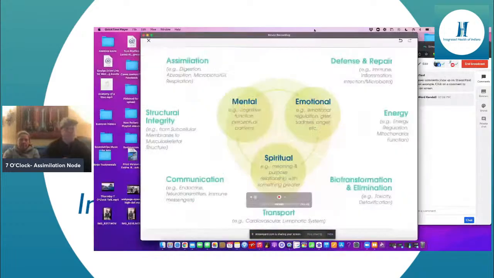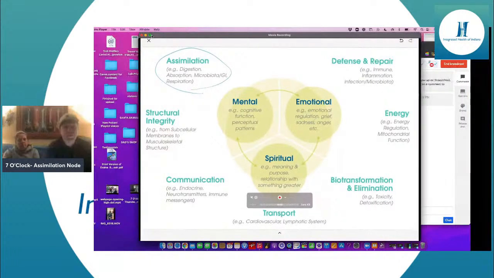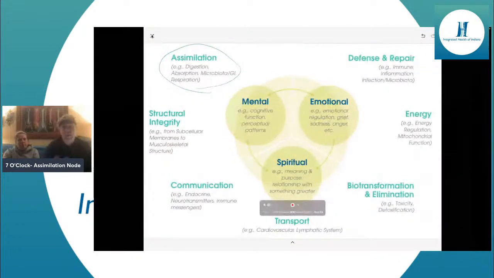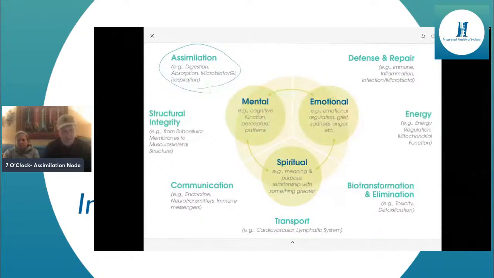So what we are talking about is the assimilation node right here. And that node is one of the first nodes of the matrix that we really start to think about and look at, because it deals with something that we do every day. And you got to think about this. There's going to be somewhere in the neighborhood of 300 tons of food go through your digestive tract.